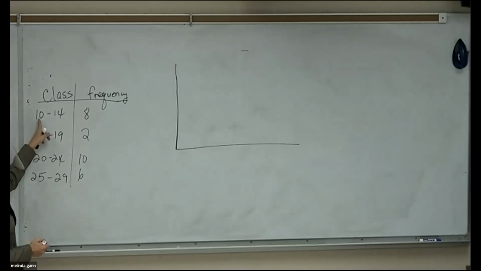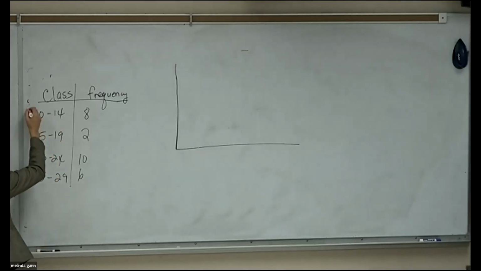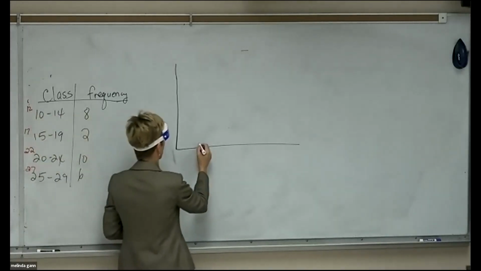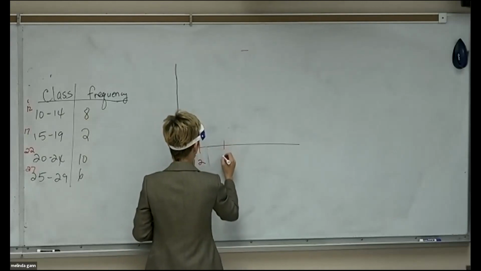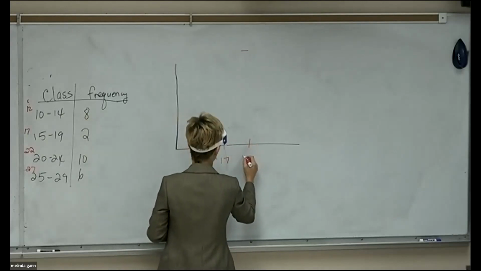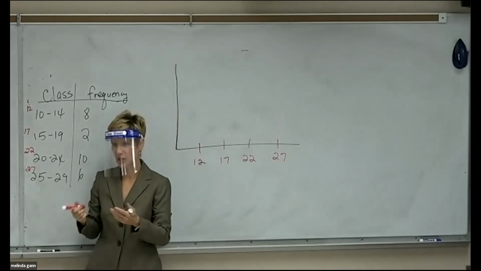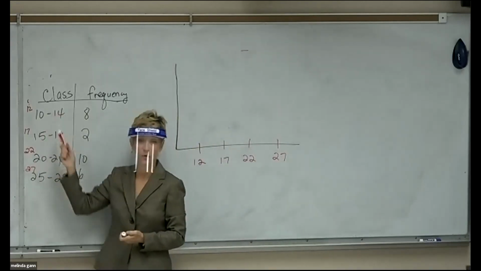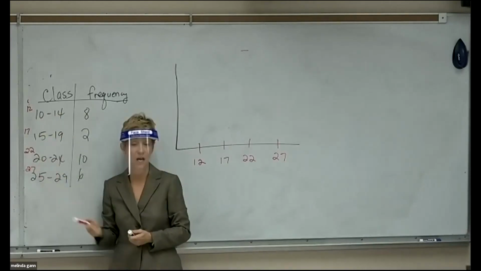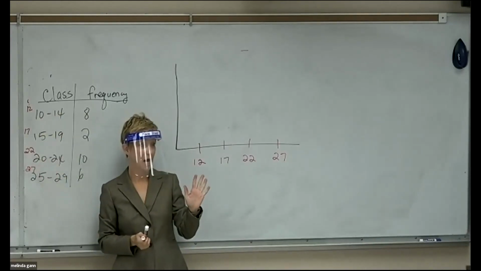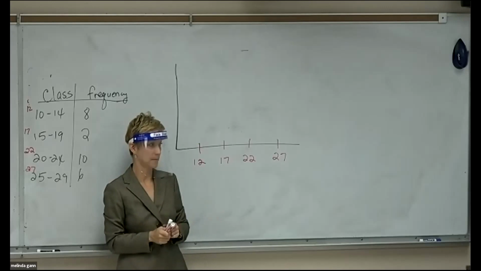What number is halfway between 10 and 14? It's 12. What's the midpoint of this one? 17. What was the third one? 22 and 27. So those numbers have to be on this horizontal scale. So I've got a 12 and a 17 and a 22 and a 27. And again, like we talked about before, the width of the table was 5, and what do these midpoints also differ by? 5. They better match or you've made a mistake.